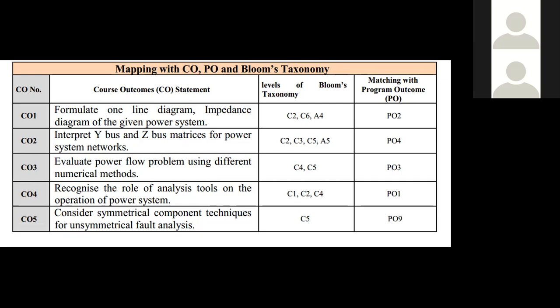So using those 3 rules, how can you formulate Z bus? Or if the Z bus is given, how can you address the new Z bus, like if a line is removed? Those things were covered.